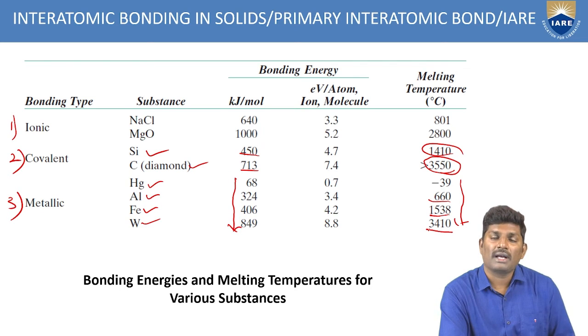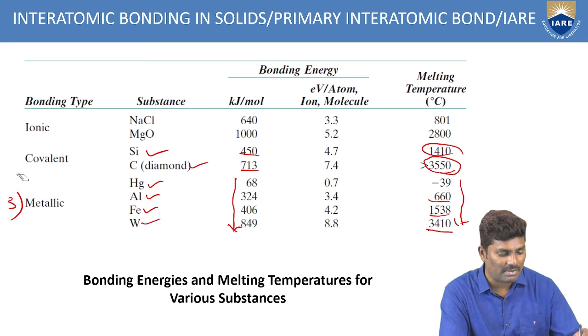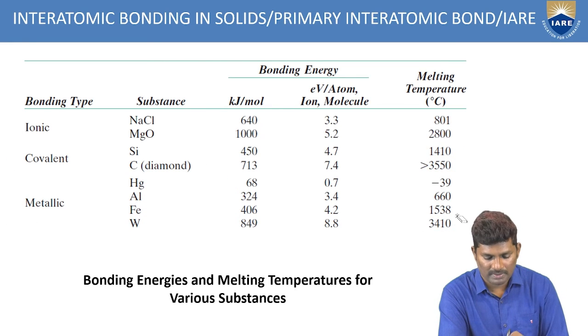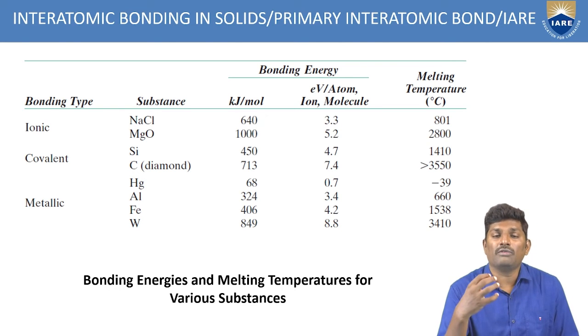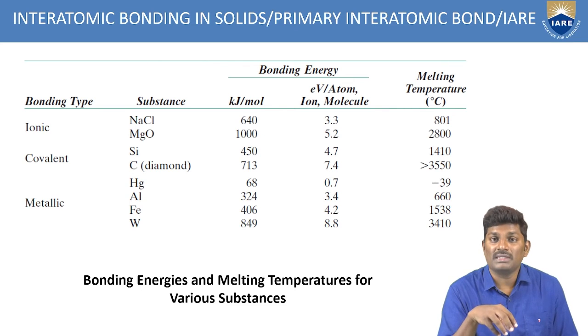Now if we compare all three primary bondings from this table, which has a good bonding energy and which has a good melting point temperature? How can you decide these values? Only if you know the atomic bonding between the elements can you know these values.